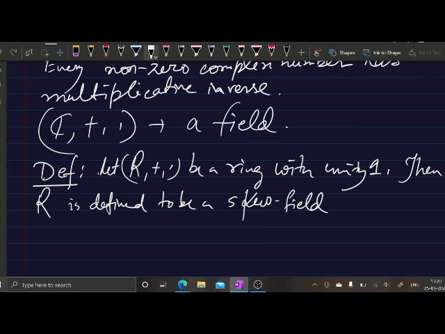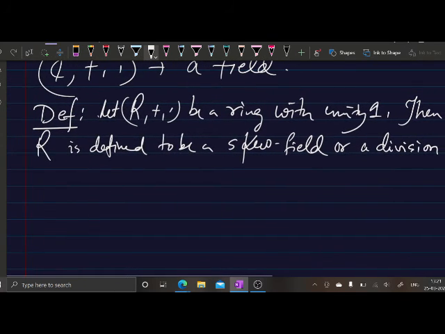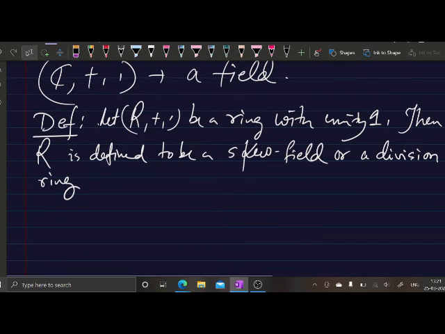A skew field, we didn't assume the commutativity here. We just take a ring with unity 1 to talk of multiplicative inverses. So R is defined to be a skew field, or it has another name, a division ring. Two names having the same property.